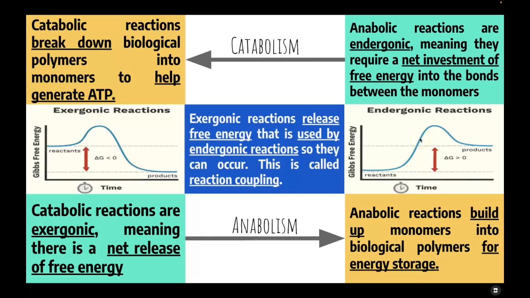And if you're throwing down a ball, you don't need much energy for it to just fall. It's going to fall naturally. Energy coupling is a biochemical process where the free energy released from an energetically favorable reaction, such as an exergonic reaction and hydrolysis of ATP, is used to power an energetically unfavorable reaction, which is the endergonic, right?